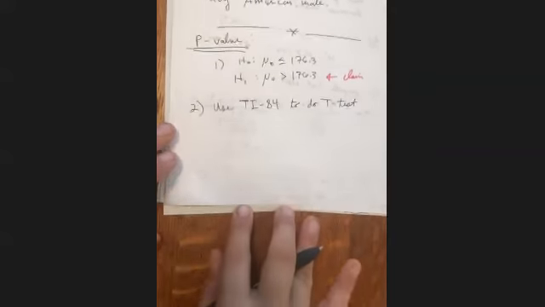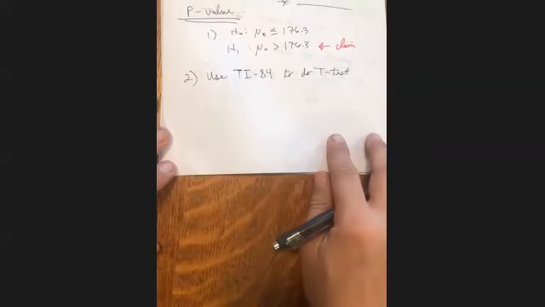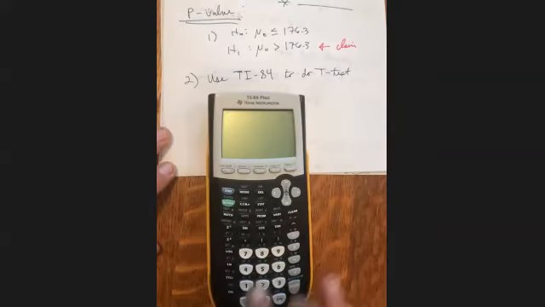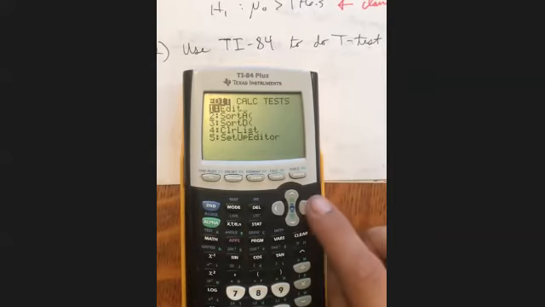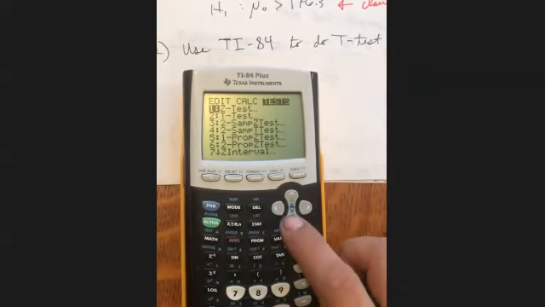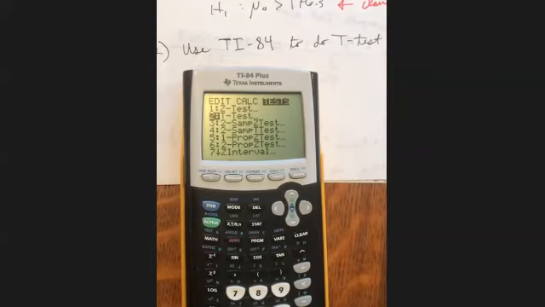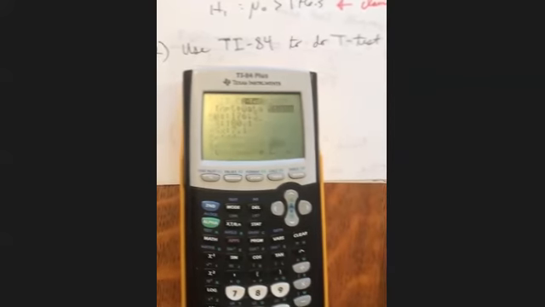So how does that work? If I hit the stat button, then cursor over to test, I'll see that there's a t-test here, second option.